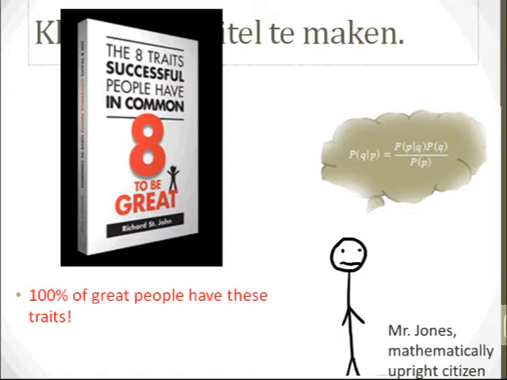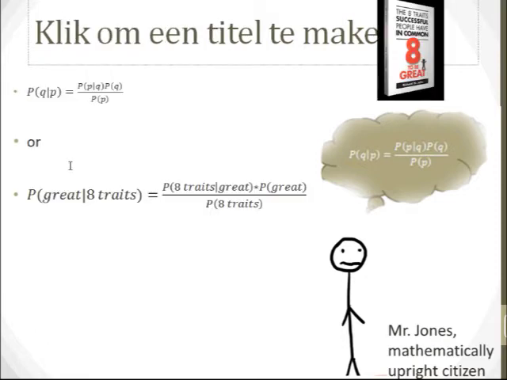So we already know that we have to use this specific formula, which indicates that the chance of Q given P equals the chance of P given Q times the chance of Q divided by the chance of P, or the probability of P, which we can translate in this example to the probability of being great given that you have those 8 traits, which is what we'd like to know, what drives our interest in buying this book.